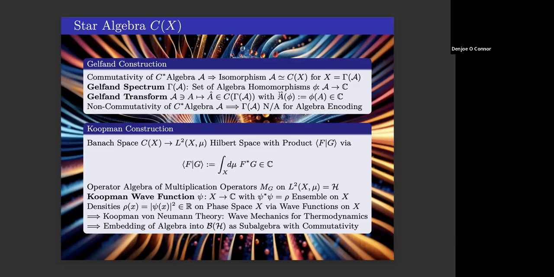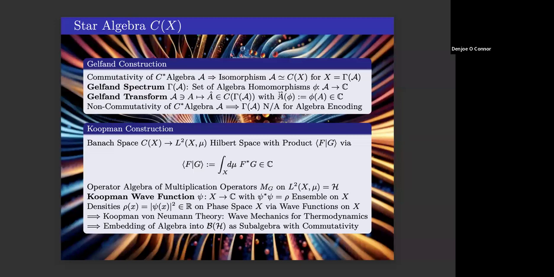You evaluate them on the algebra, and then you have the Gelfand transform, which maps each element A of your abstract algebra to the so-called Gelfand transform A-hat, which gives you a continuous function on this Gelfand spectrum.